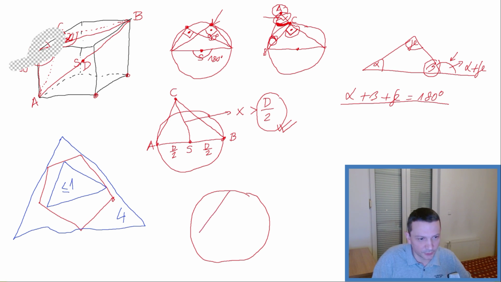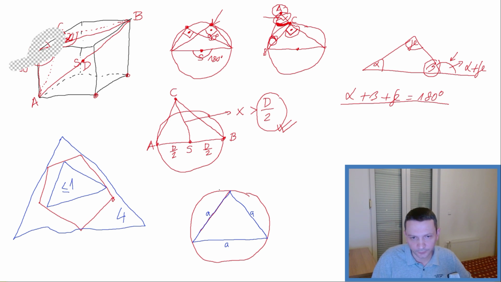Sorry, I wanted to change the color to be similar to the previous picture. So the biggest possible triangle which can be inscribed in the circle is actually an equilateral triangle, so with all equal sides.